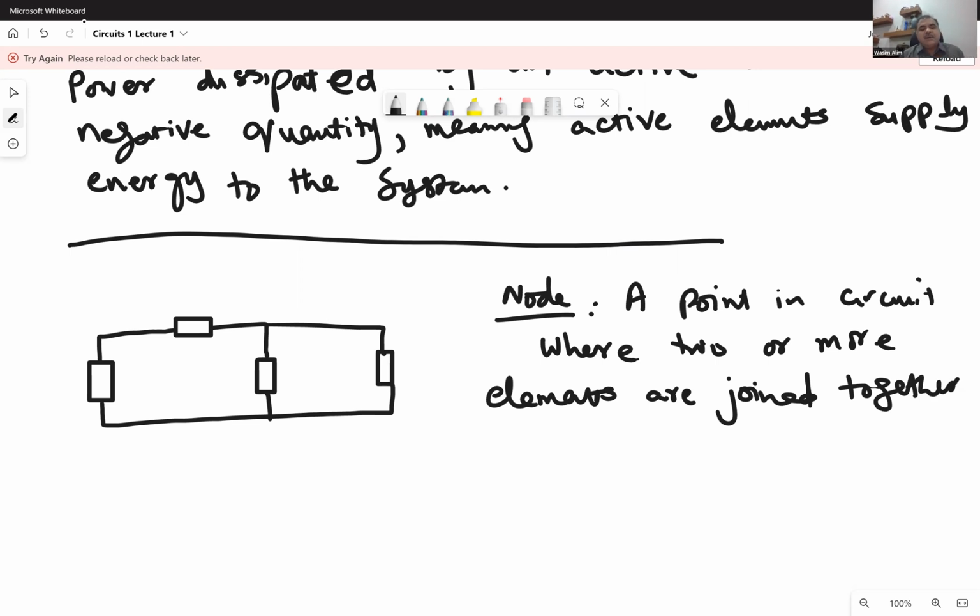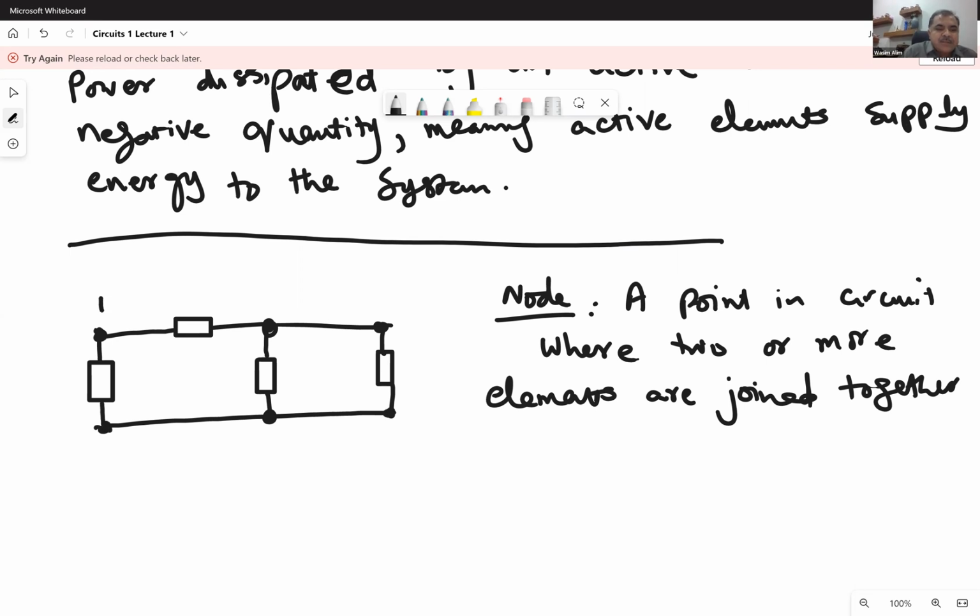So if you look at this particular circuit example, we have a node here. Then we have another node here. Essentially, this is the same node, because there's a wire in between, and wires we do not consider as circuit elements. And then the same thing for the bottom; these three are together.